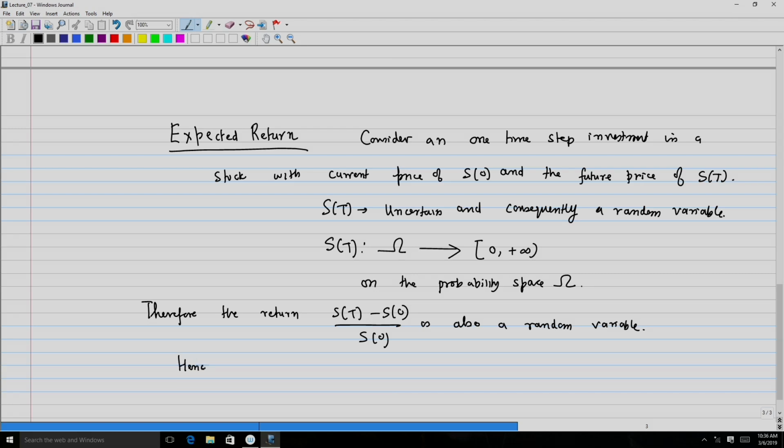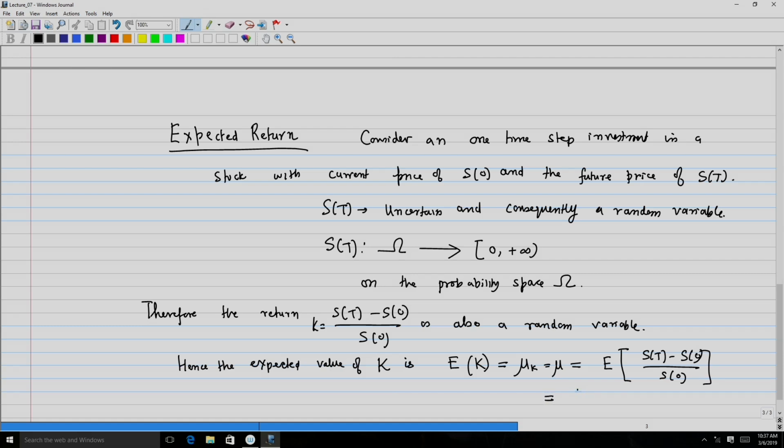Hence, the expected value of K is E of K. This is sometimes denoted by mu K or even mu, and this will be the expectation of S of t minus S 0 over S 0.